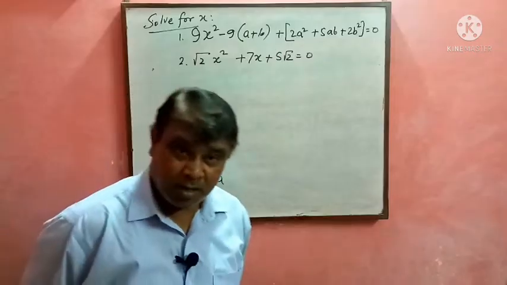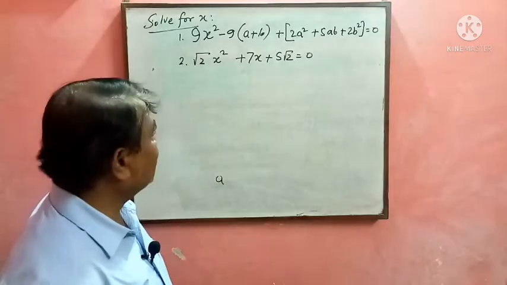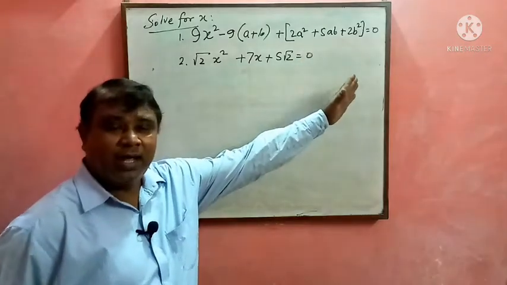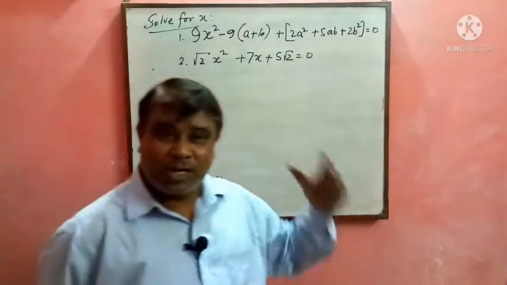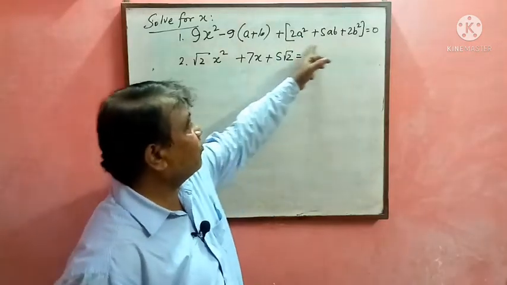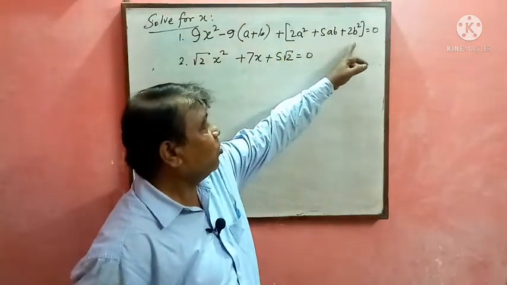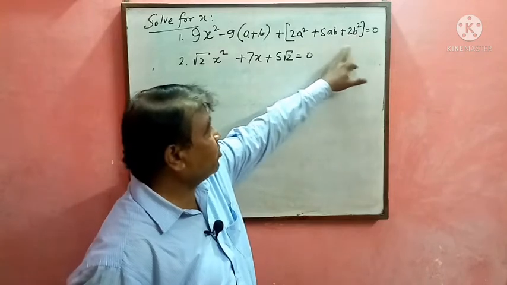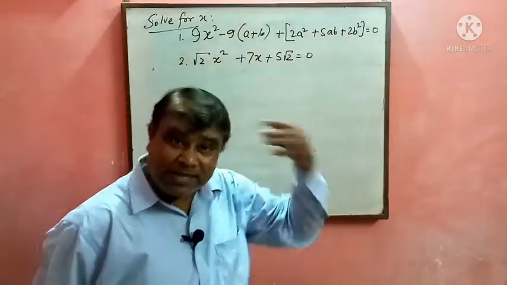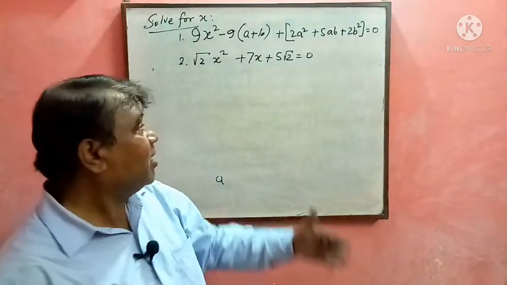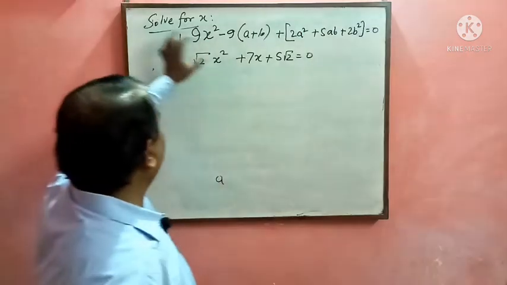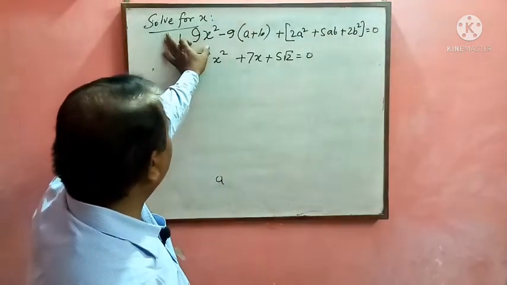Okay. Hello. Let me share some tricks for solving this type of problem. I already shared with you regarding this type of quadratic equation. My suggestion is that you just factorize this one first, and then take the support of this 9x square.